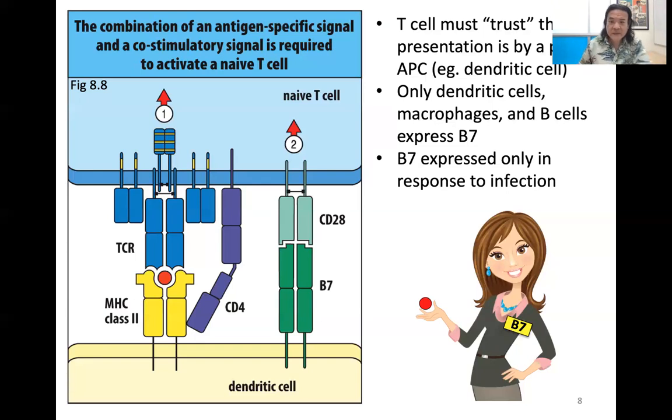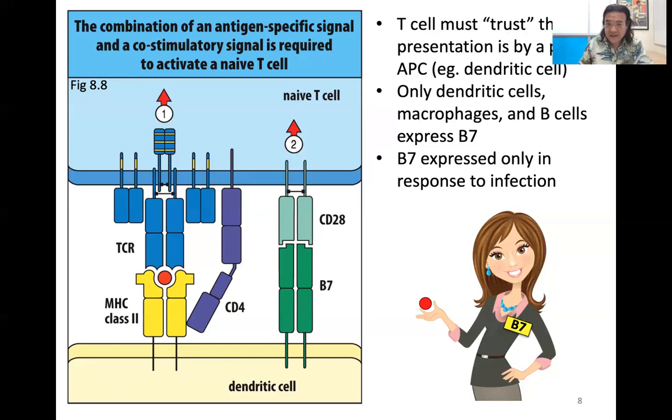So that's why it's very important. The dendritic cells during an infection, just like macrophages and B cells during an infection, in order for them to be respected as an appropriate antigen-presenting cell, will start expressing this B7 protein on their surface.